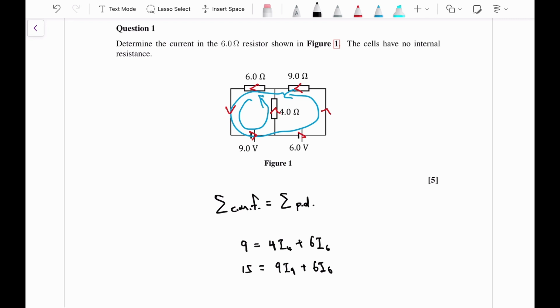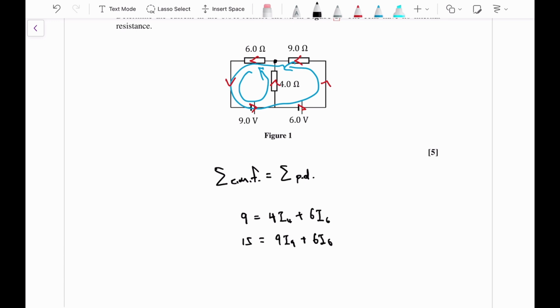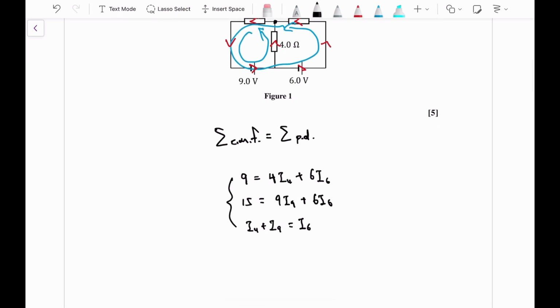So it basically says at a certain junction the current going in is equal to the current going out. So I suppose I'm going to utilize this junction over here. So what we have is the current going in is I4 plus I9, and the current going out is I6. So now we have three equations over here, and what we want to calculate is I6.